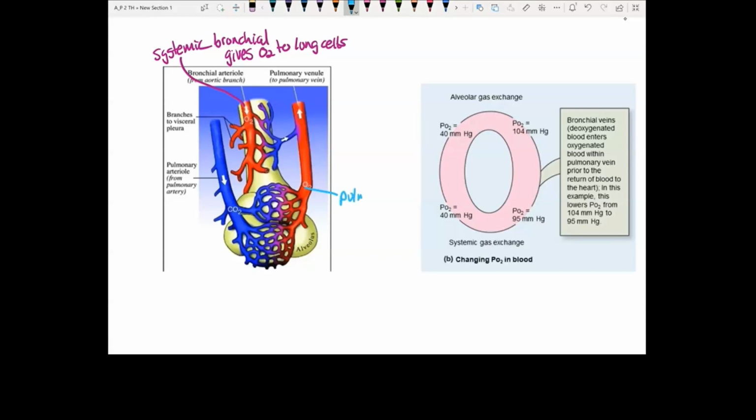So this is that pulmonary blood in your pulmonary vein that has just picked up oxygen. This is where we have 104. But because it mixes with the systemic blood right here that has just given oxygen to your lung cells, it switches to 95. You dilute that oxygen down.